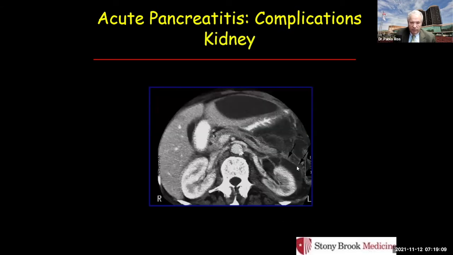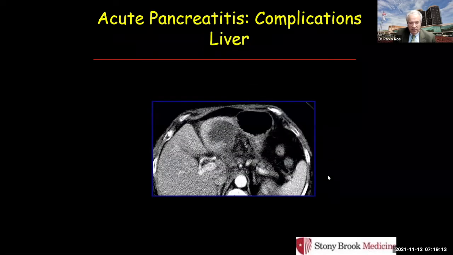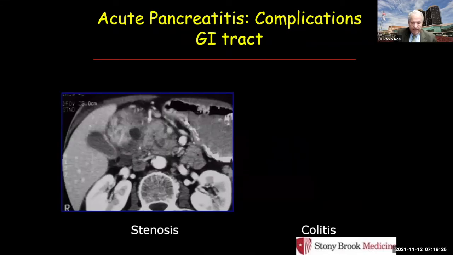Nice example as well here is thrombosis of the vessel, or here the involvement by phlegmonous collection of the left lobe of the liver.